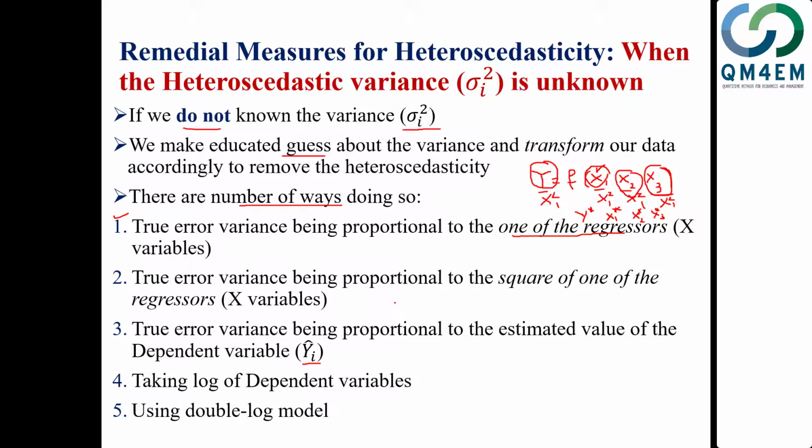Or you may think of using the square of the explanatory variable for the transformation, or using the forecasted value of the dependent variable, or using the log of the dependent variable instead of the original variable, or using the double log model. So this particular remedial measure may solve the problem of heteroscedasticity.